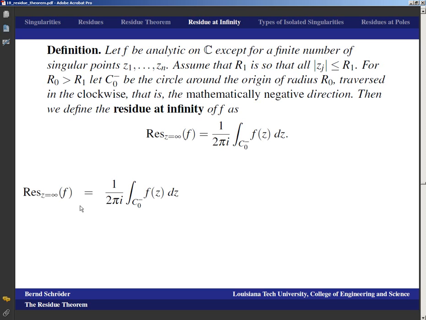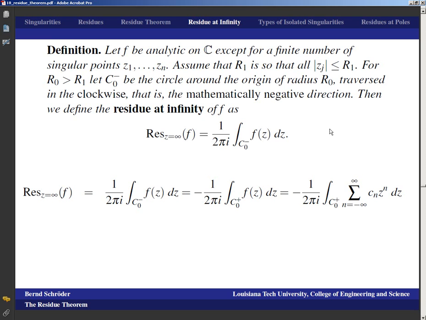The residue at infinity is 1 over 2 pi i integral C0 minus f of z dz, which is negative 1 over 2 pi i integral C0 plus, which would now denote the integral over the positively oriented contour, f of z dz. And now remember that even though we are taking a whole disk out of the complex numbers, the Laurent expansion works on any domain that is shaped like an annulus.